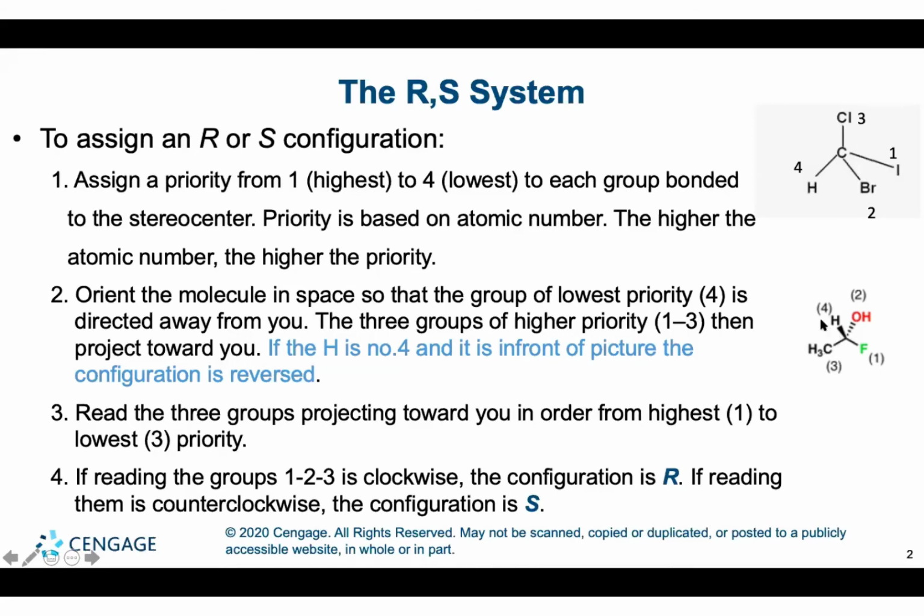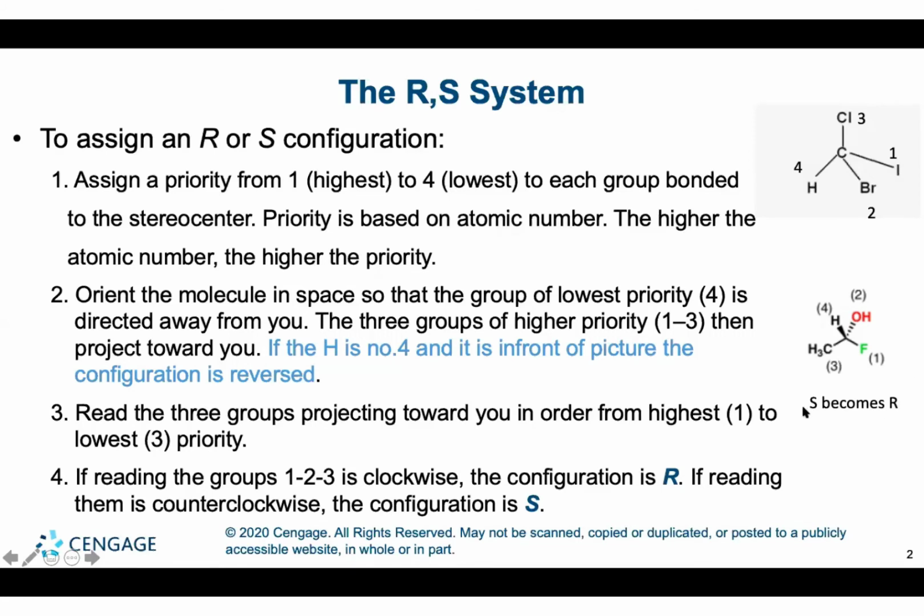But because hydrogen is in the front of the picture, in bolded wedge form, we should reverse the configuration from S to R. So S becomes R. The final answer that you should write in your paper is R configuration.